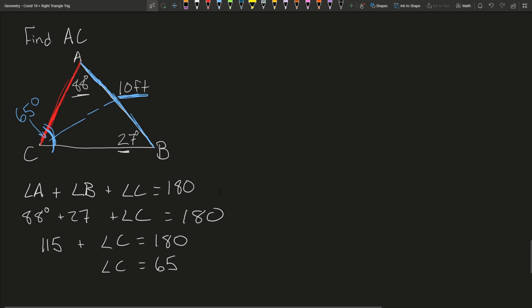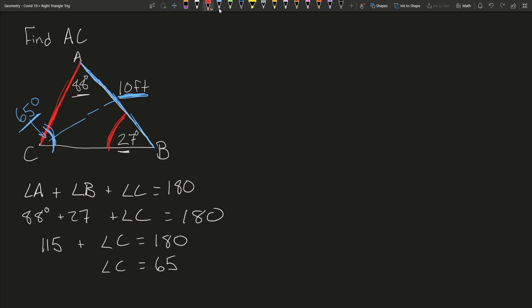Then once we do that, we have an angle, its opposite side, and we're trying to find another angle's opposite side, which we already have.